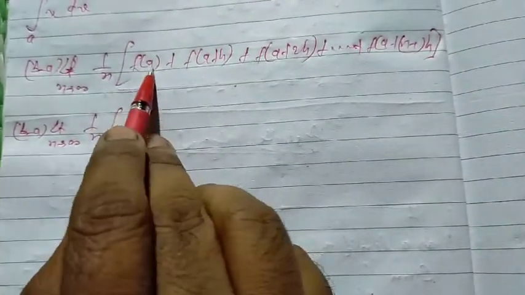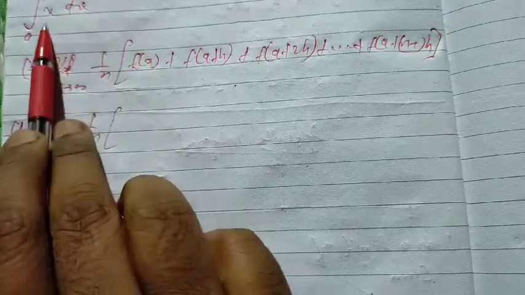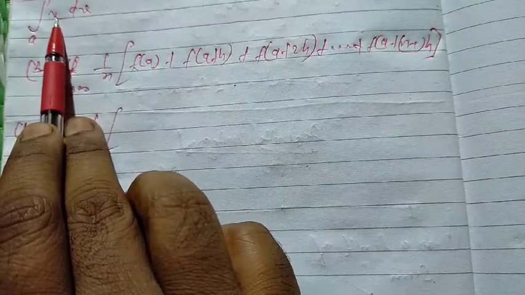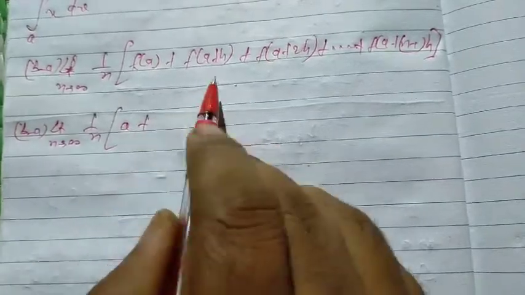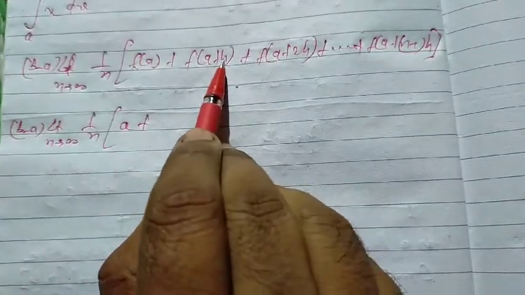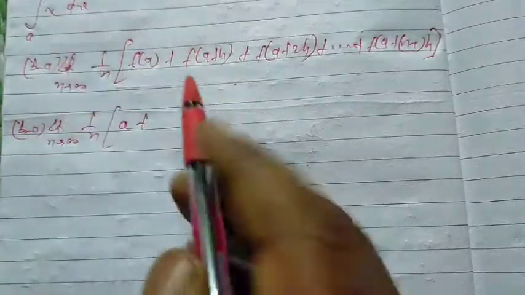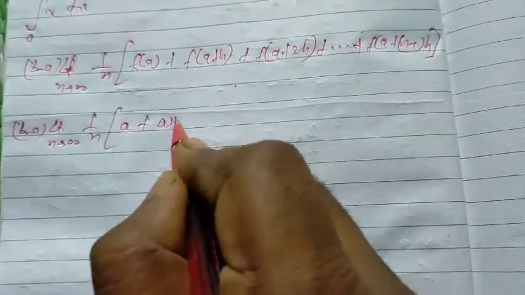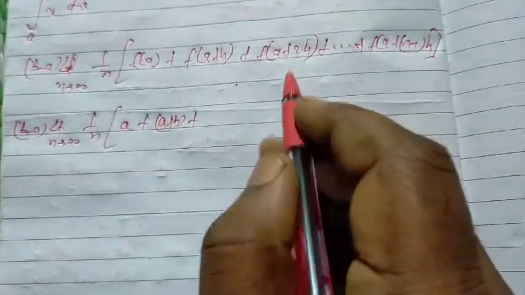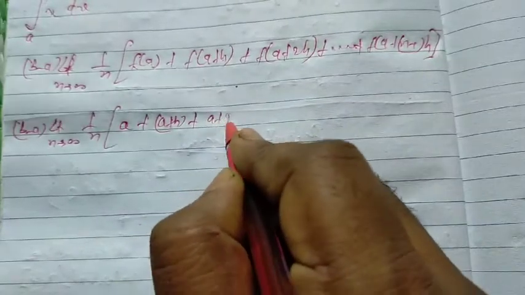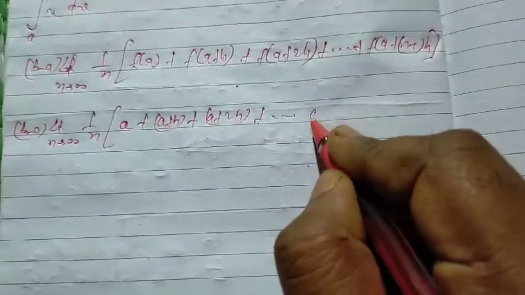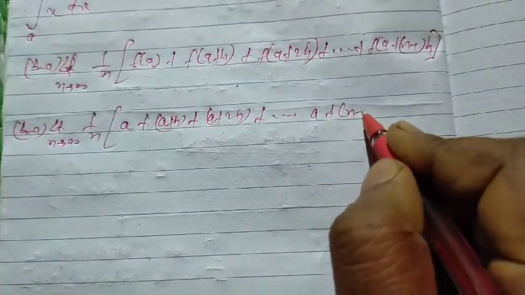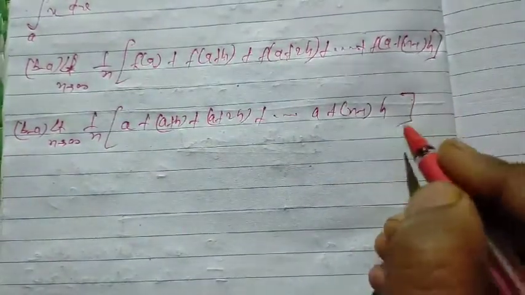Now see f of a, here only x is there, so f of a will be a only, a plus f of a plus h. Put here a plus h, we will get a plus h only. Similarly a plus 2h. Similarly we are going to get a plus n minus 1 h only.